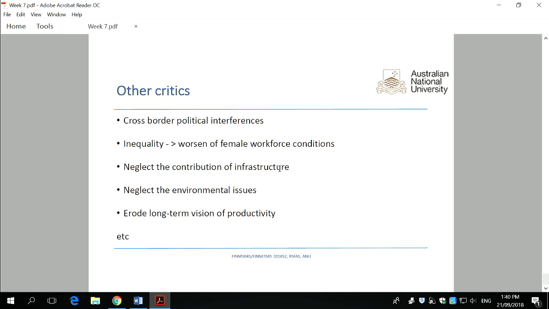And the neglect of infrastructure contribution, that's another, right? You see this is a typical part of the early days, say when China's economy kicked off. How old are you guys, born in the mid-90s, right? Okay, the mid-90s is a time when the east side of Shanghai was building up crazily with all the high-rise skyscrapers, right?